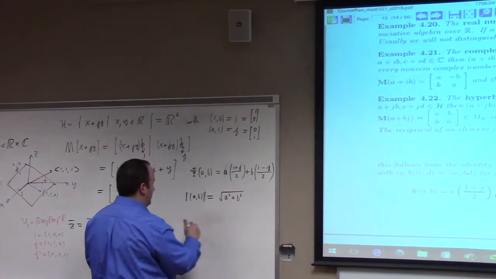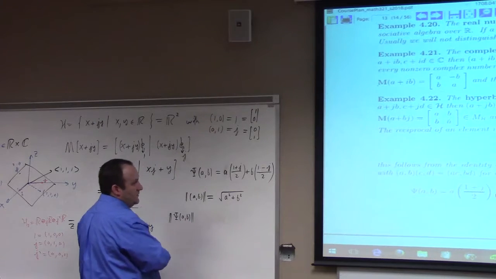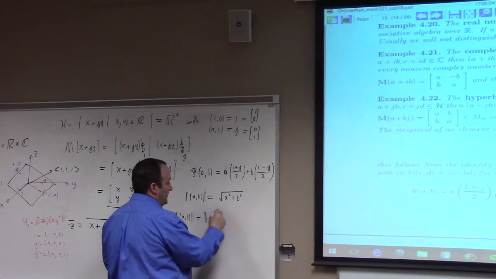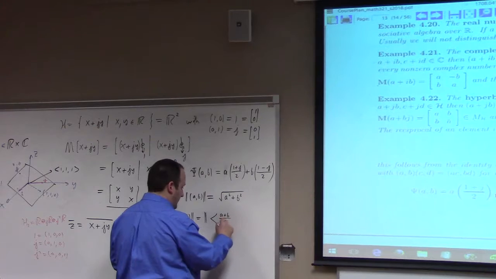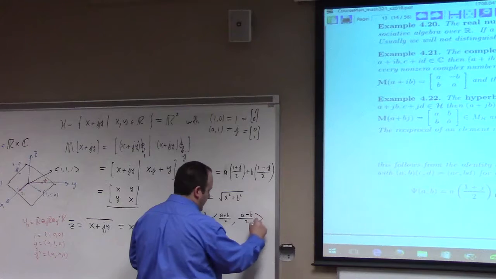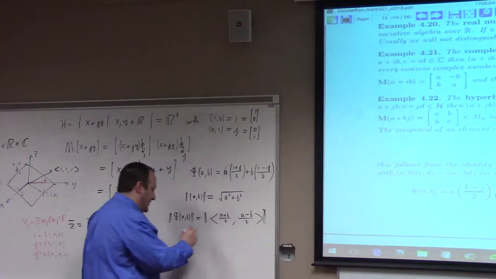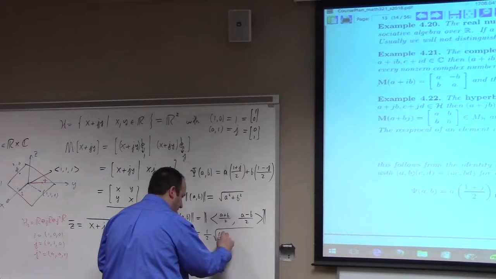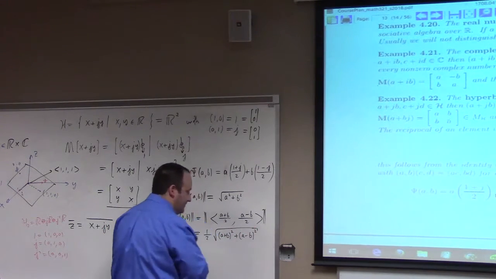What's the length of the image? That's the same as saying the length of, let me just use different notation. This vector is A plus B over 2 and A minus B, if you'll allow me that notation. So that's 1/2 square root of A plus B squared plus A minus B squared, right?